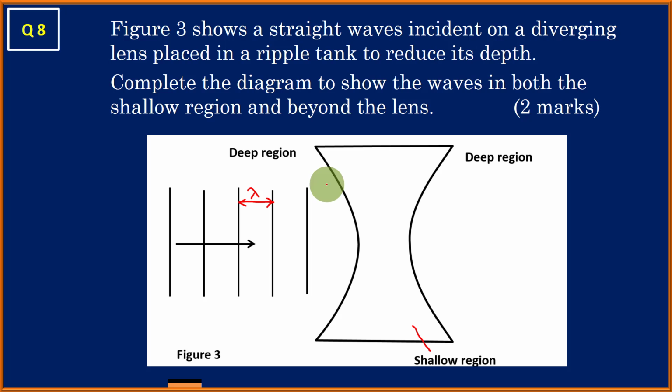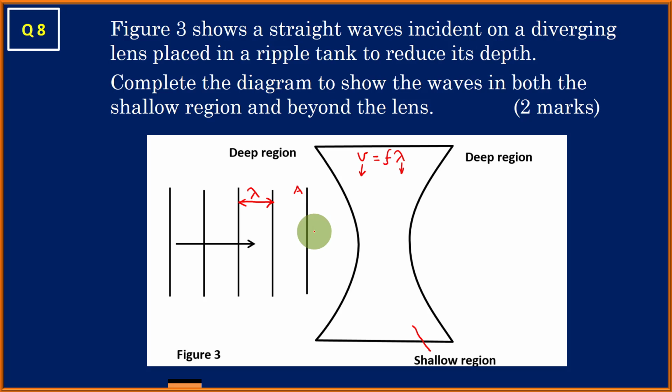When water waves move from deep medium into shallow waters, the speed is reduced. And because the frequency of the waves is not affected by a change in medium, the wavelength is going to be reduced. So remember that. You're going to proceed with this wavelength here.